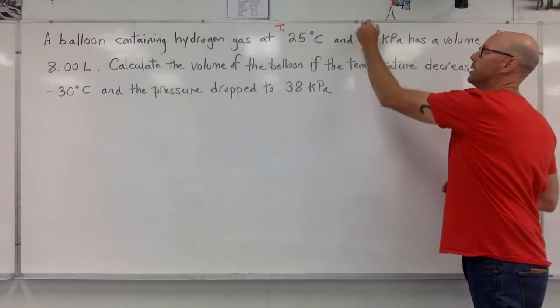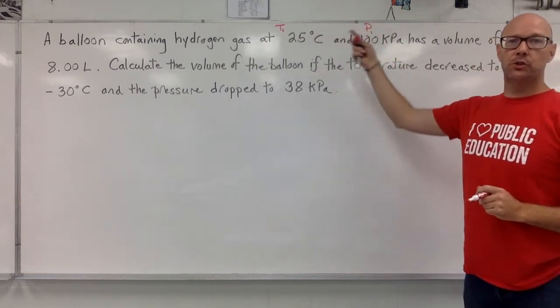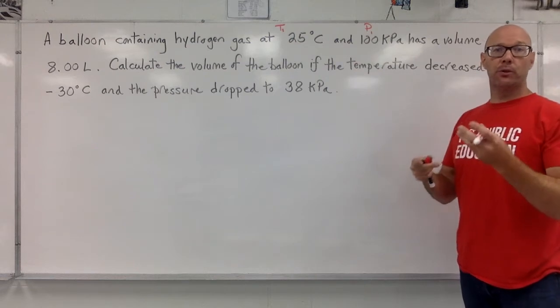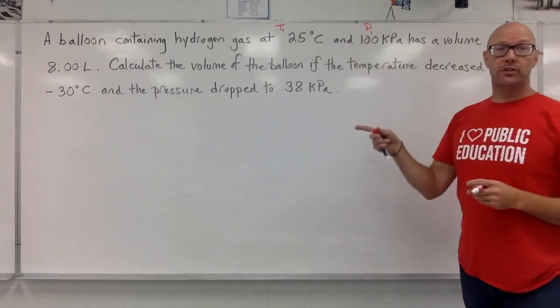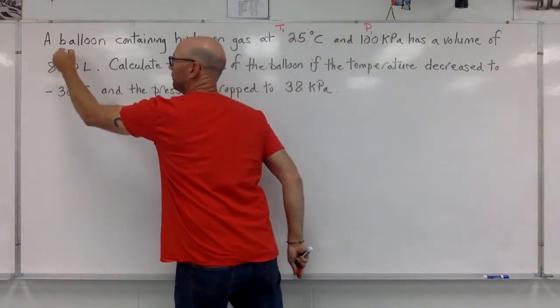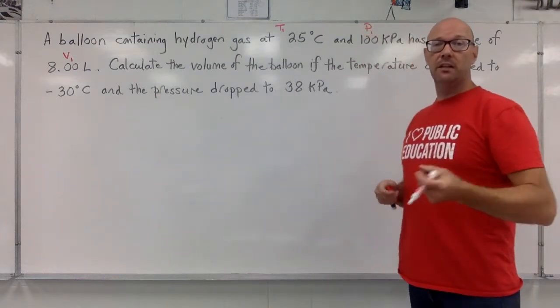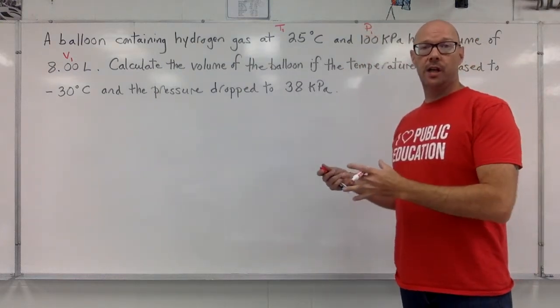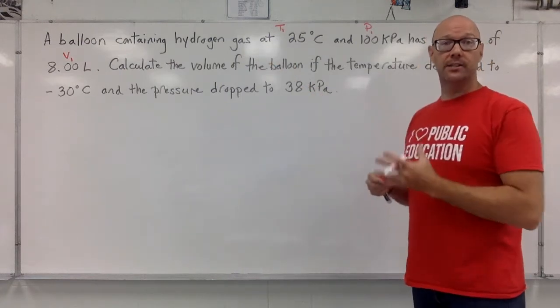Oh, kilopascals, that's P1. Notice the "and" links those two values together. They're both the number ones. Has a volume of 8.00 liters, period. There's the V1. Notice that all of these ones, the P, T, and V, were all in one sentence. They weren't scattered randomly throughout. They're all isolated in the same sentence.